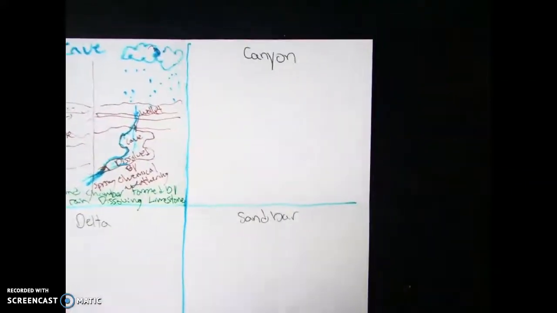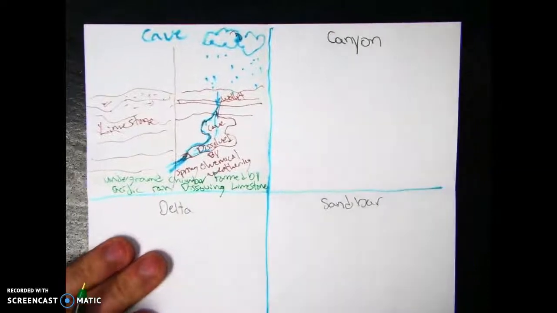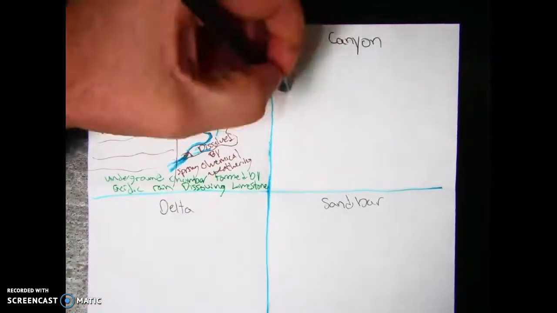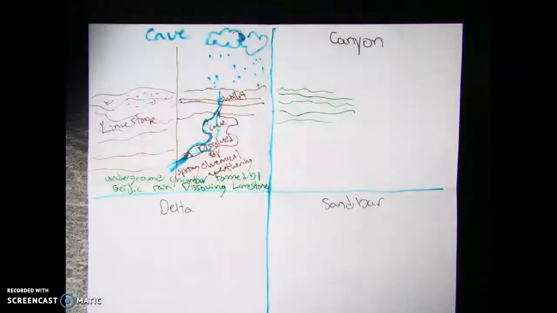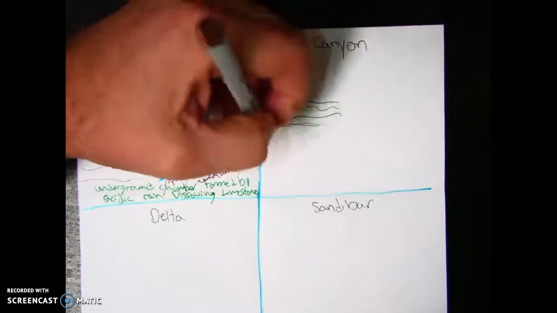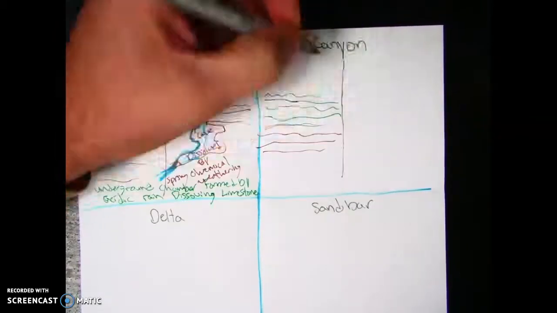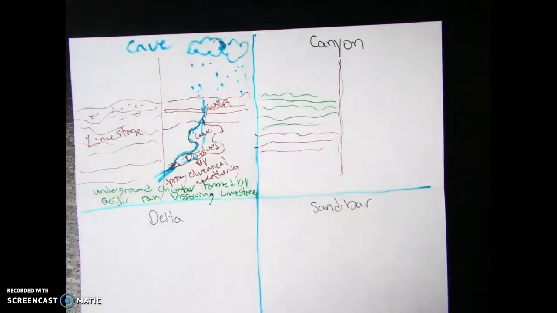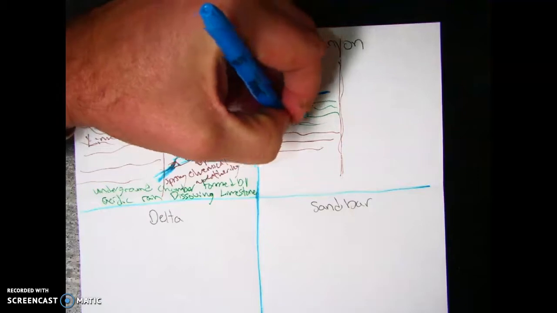Then we're going to move on to canyon. Our canyon, okay, again, we have all of our regular soils before, and we have to have some sort of a river running on top of the ground.